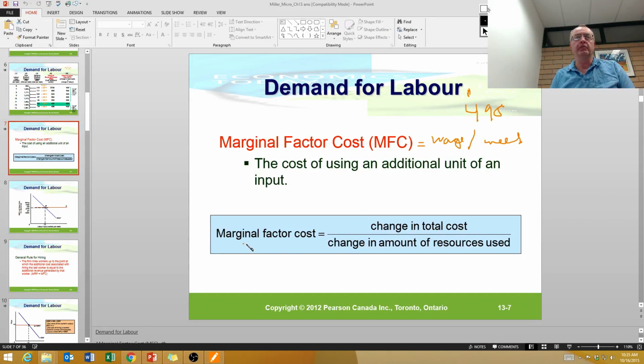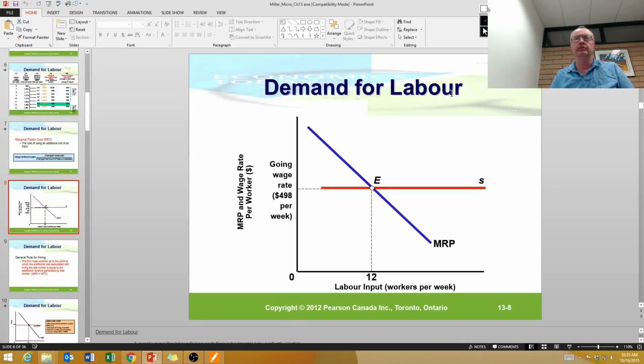Okay, so our formula for marginal factor cost is change in total cost divided by change in total quantity of inputs used. And we're assuming that the input market is perfectly competitive.